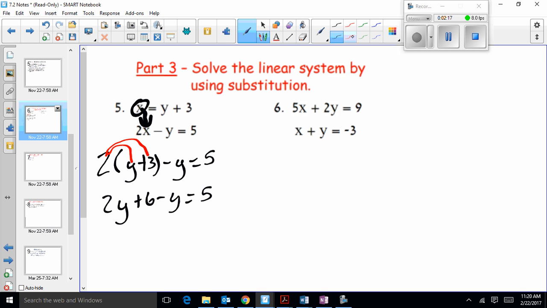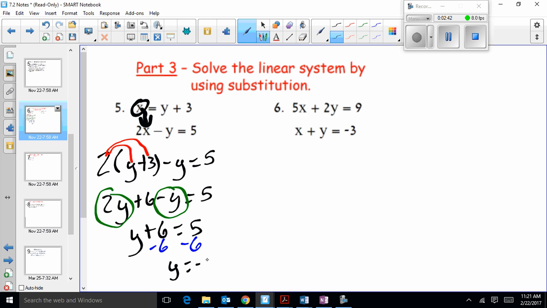I can combine my like terms, and I'm left with 2y minus y, which is y, plus 6 equals 5. So then I will subtract 6 to get y by itself, and I'm left with y equals negative 1.